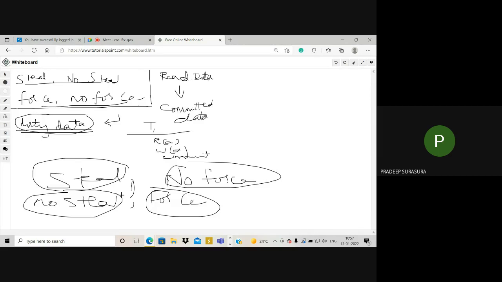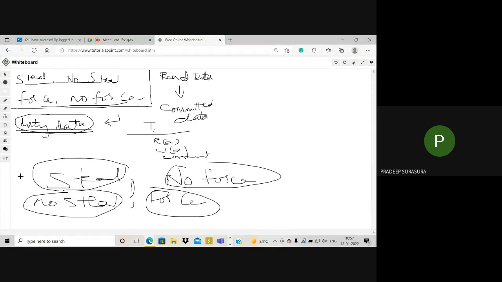But if only one transaction is executing, we will never say data has been stolen or has a problem. Automatically you will execute things in a more confined way. Now, no steal means data has not become dirty, so you can commit the data without any issues. If data has definitely been stolen or has become dirty, do not force that data.